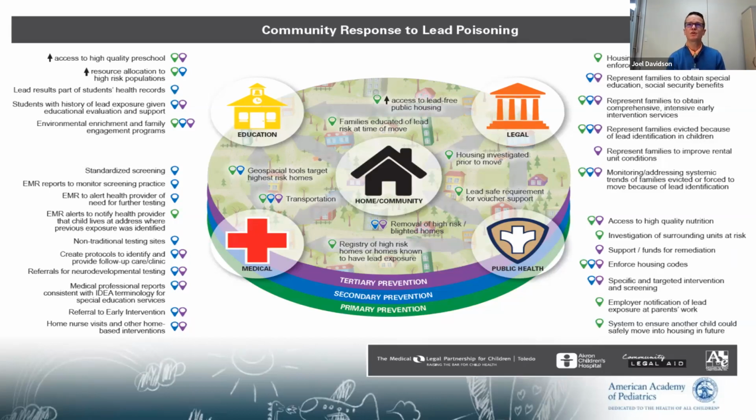The tertiary preventions are more of the community-based kinds of things. So removing a blighted home, for example, from the available housing stock is an example of tertiary, or downstream, prevention work.